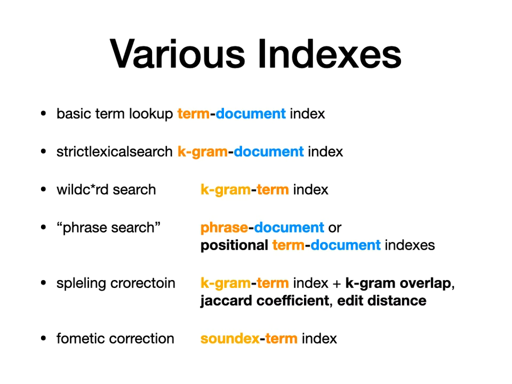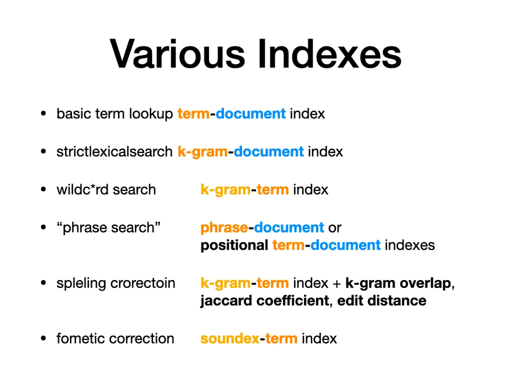We've got term document indexes for basic terms. We can do some strict lexical search using k-gram document indexes. We can do wildcard expansion using the k-gram term index. We can do some phrase searching using either phrase document or positional term document indexes. Spelling correction using k-gram term indexing and a little bit of extra processing like edit distance, Jaccard, all that good stuff. And then phonetic correction using a Soundex term index.